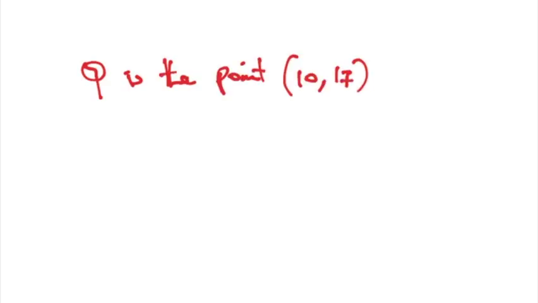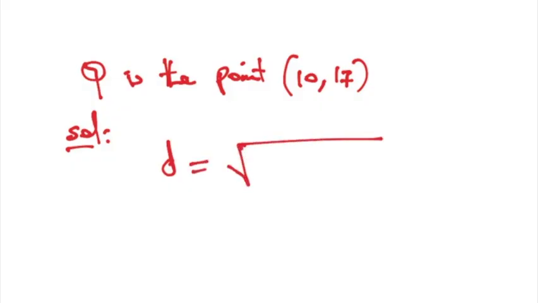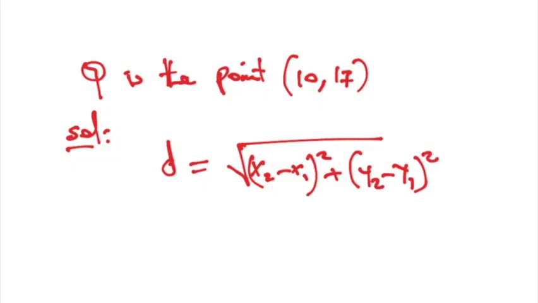So suppose you are given that example. How do you go about it? We have already derived the formula: the square root of (x2 minus x1) squared plus (y2 minus y1) squared.